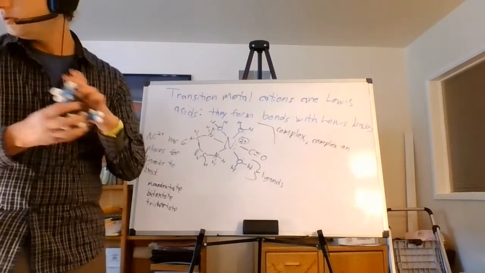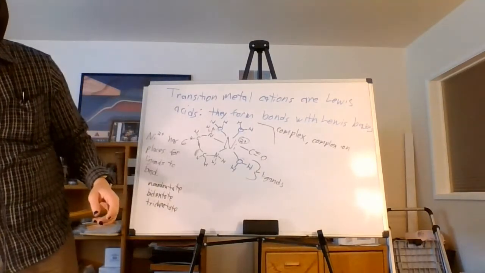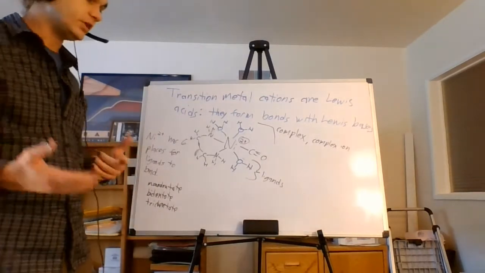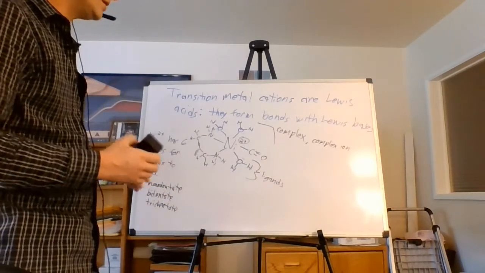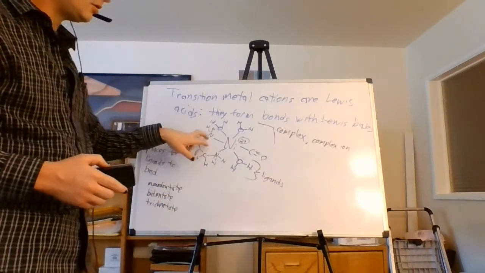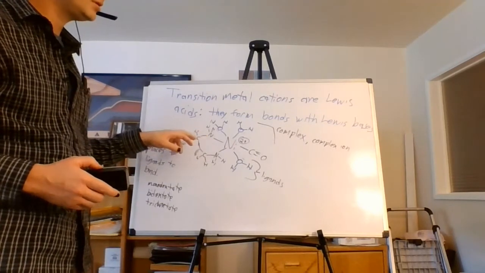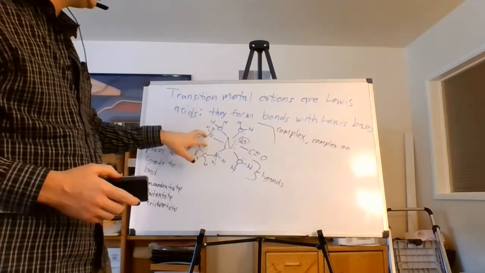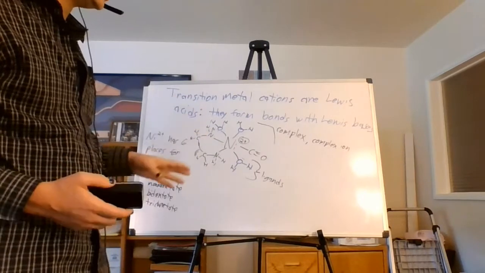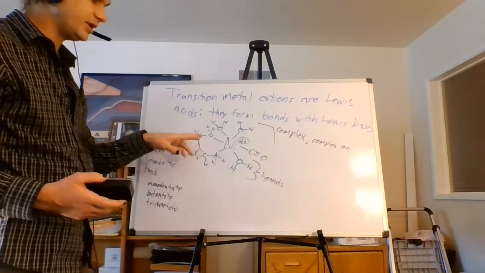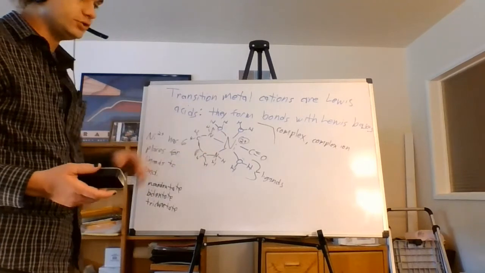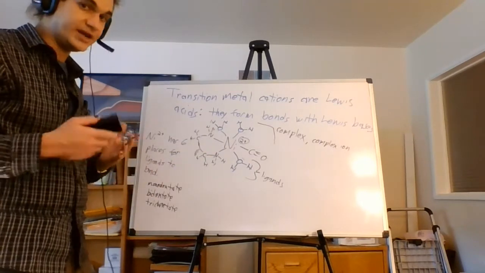As a result, there are lots of different ways to run this reaction, and multiple different possible complexes that we can get out of having the ethylene diamine and the nickel 2 in solution at the same time.